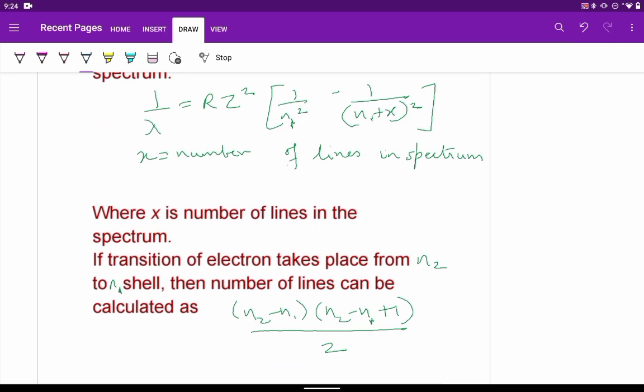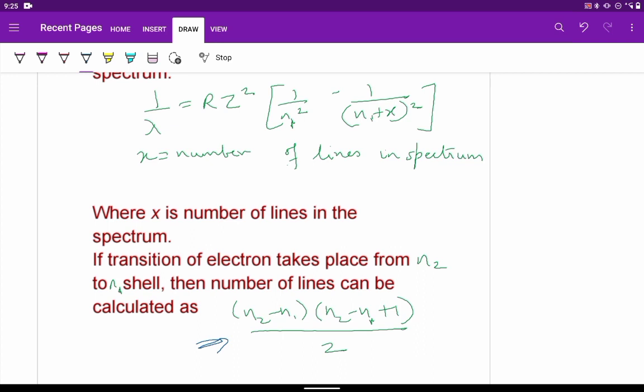Now see, if the transition of an electron is taking place from an N2 shell to an N1 shell, then the number of lines can be given by this formula: N2 minus N1 into N2 minus N1 plus 1, divided by 2.